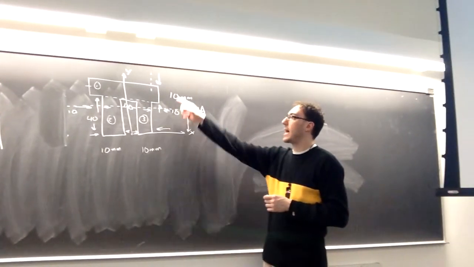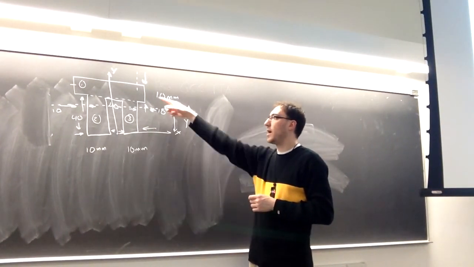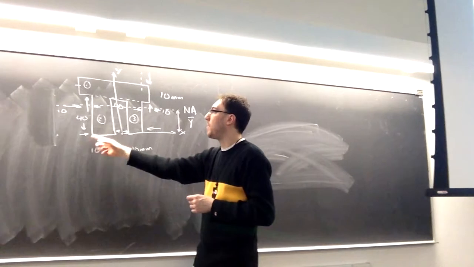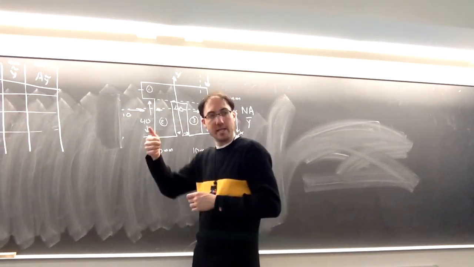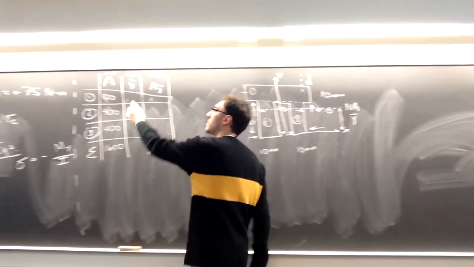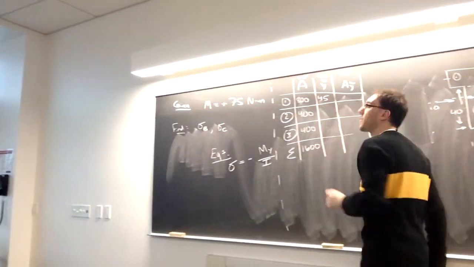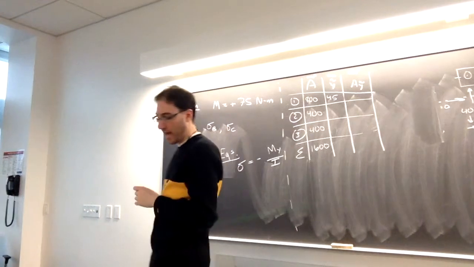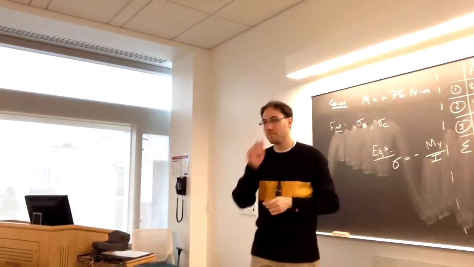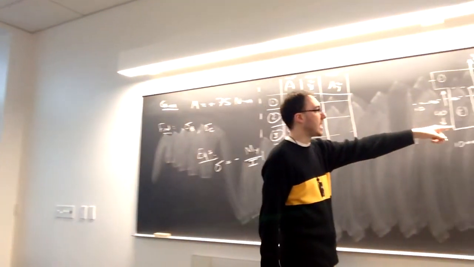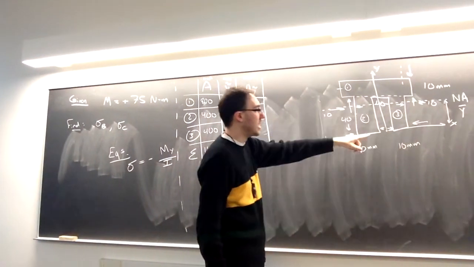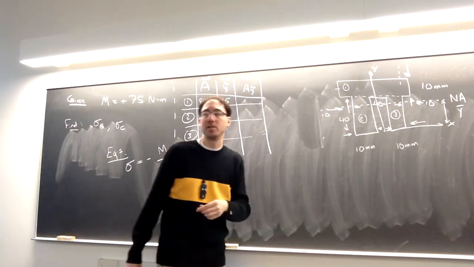So to go from the x-axis to the centroid of shape number 1, I have to go up by 40, and then I have to go up by another 5 millimeters. And it's in the positive direction. So y tilde, 45 millimeters above the x-axis. For shapes 2 and 3, to get to its centroid, at its center, I start at the x-axis and I have to go up by 20.